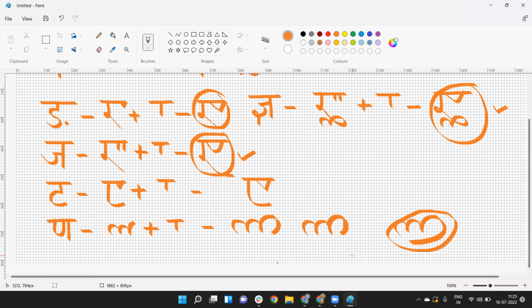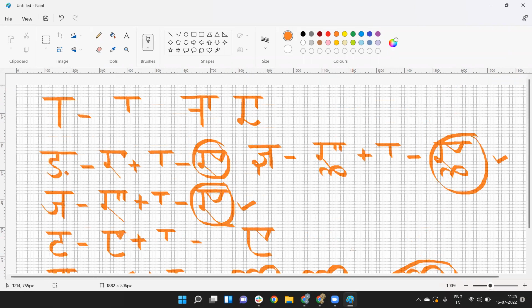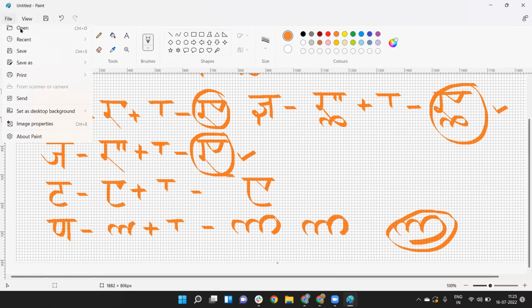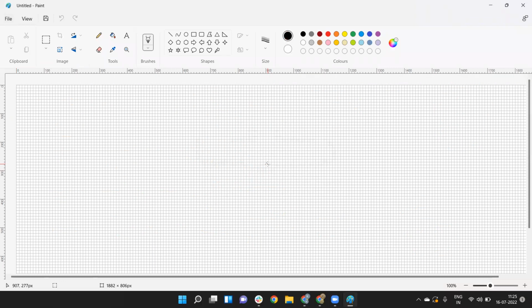Okay, now let's move on to some examples using these matras, the special matras. So I'm writing the word Gyan.